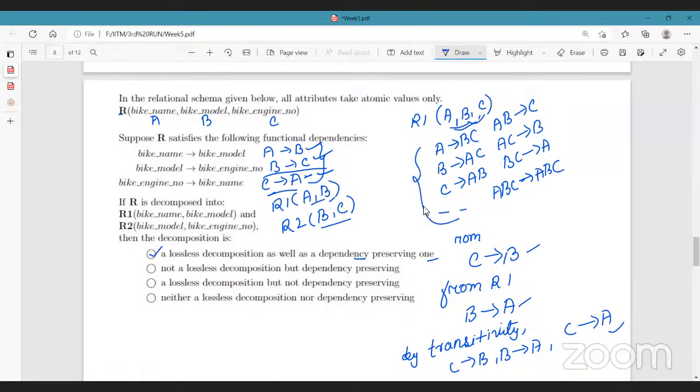So these are all the possible functional dependencies of multiple attributes. Is it clear?